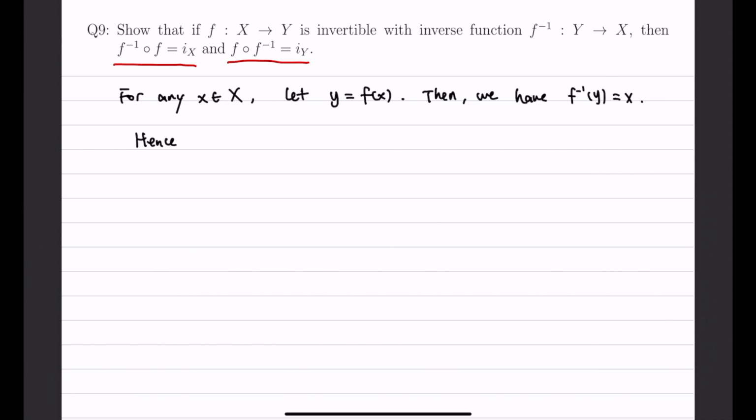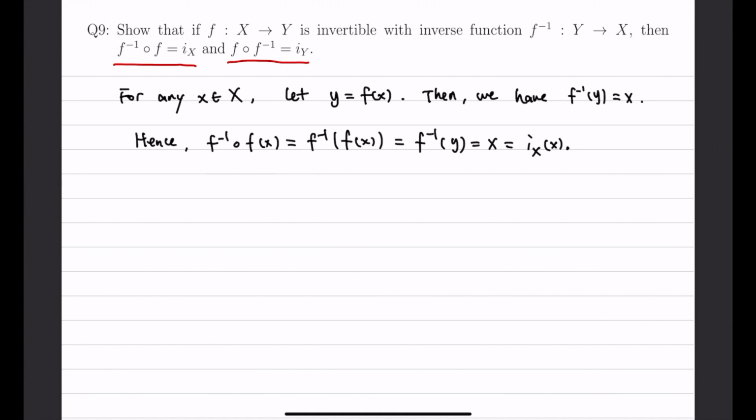Hence, f inverse compose f of x is equal to f inverse of f of x. So f of x is y, so it's f inverse of y. This gives x. So this is equal to i_X of x, right? So that's the identity in the domain.